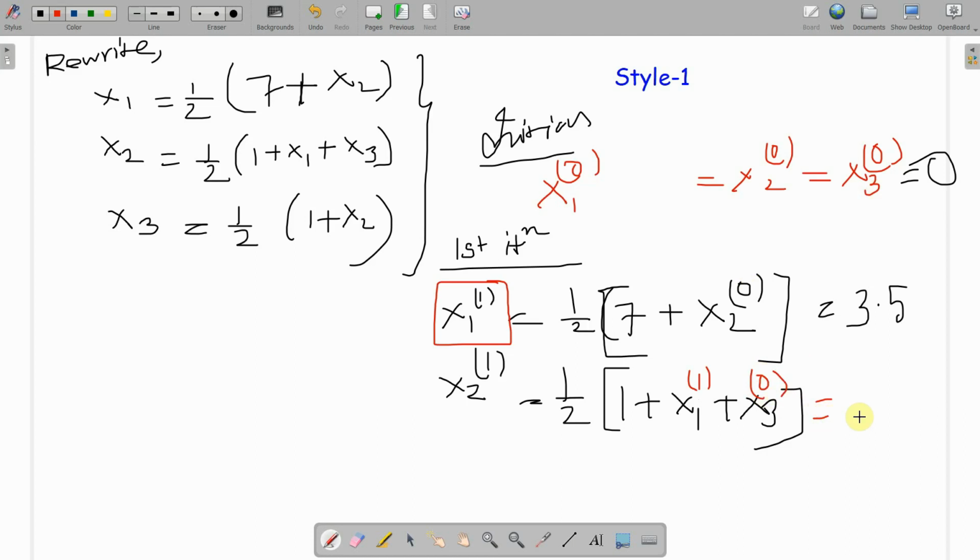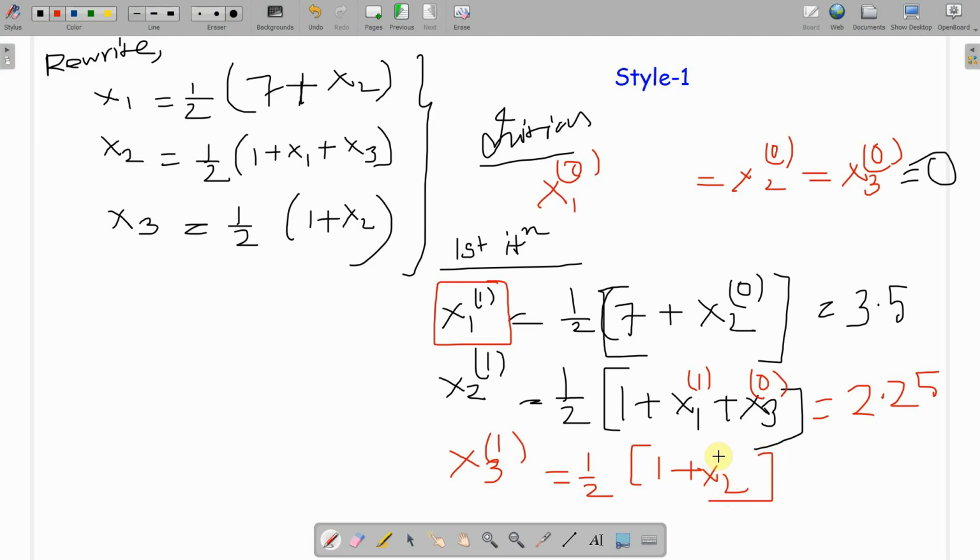Now find me the result. What would be the result here? It's 2.25. Got it? Now you have to tell me the value of x3. So let me first write x3 equals half of 1 plus x2.